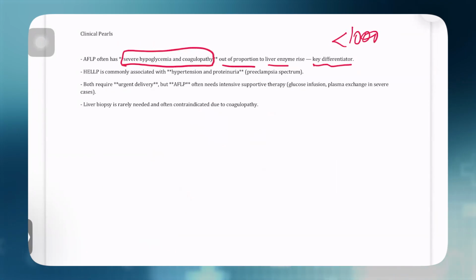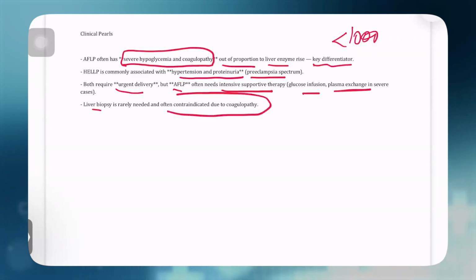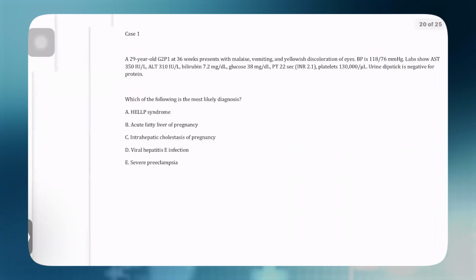This is the key differentiator. HELLP syndrome is commonly associated with hypertension and proteinuria, preeclampsia, eclampsia, seizure also. Both require urgent delivery, but AFLP often needs intensive critical care, glucose infusion, plasma exchange. Liver biopsy is not needed and is contraindicated due to coagulopathy in both diseases.